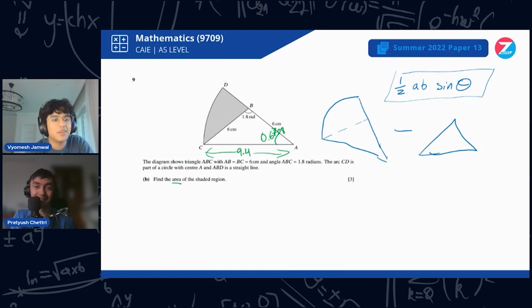Because in this case, one way to get the height of it is by dividing the angle and using cos or sine, whatever you want. It's complicated. It's just better to use 1/2 ab sine theta here. So in this case, the area of the triangle is going to be 1/2 times 6 times 6 times sine 1.8.